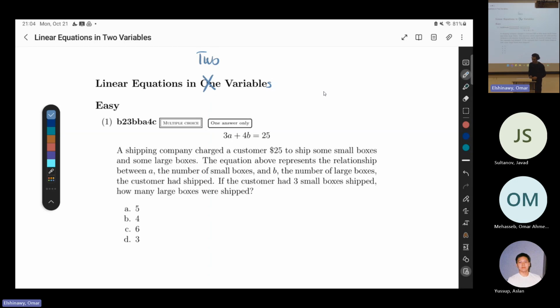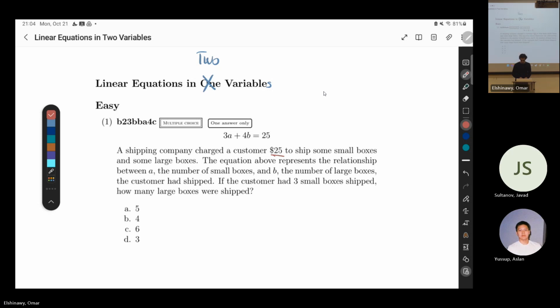So here we have the example of a shipping company which charges a customer $25 to ship some small boxes and some large boxes. The total sum was $25.